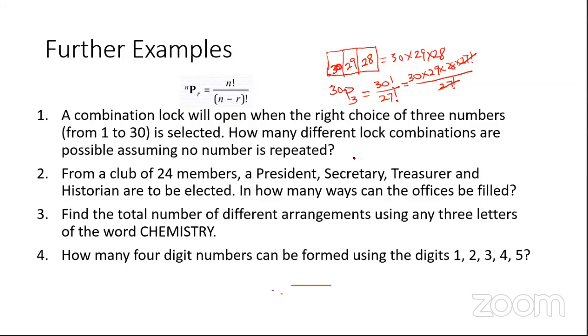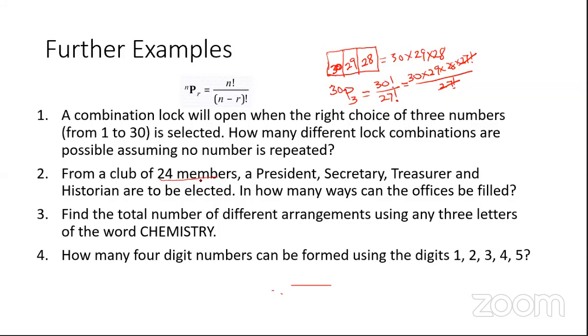The next question says, from a club of 24 members, a president, secretary, treasurer, and historian are to be elected. In how many ways can the offices be filled?